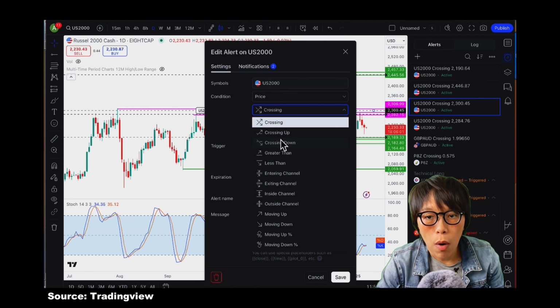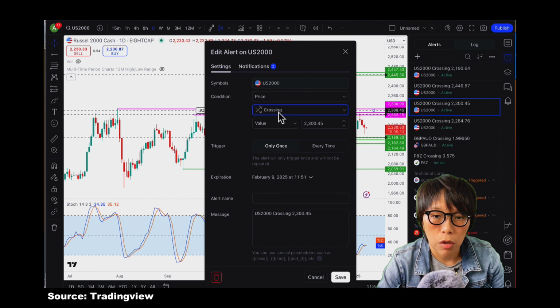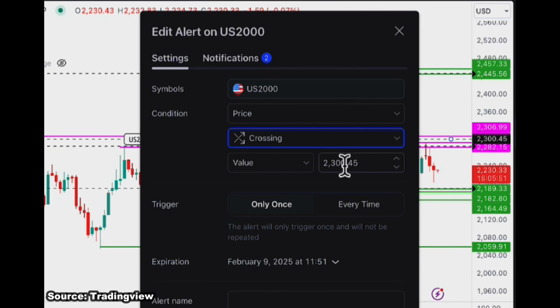So what I want is for price to cross it, whether it's up or down, because I want to receive an alert. So I just want it to cross at the 2,300 level, and I want to set it only once. Okay, because when it sends an alert, I will see it on my mobile phone, and I don't want it to send every time.